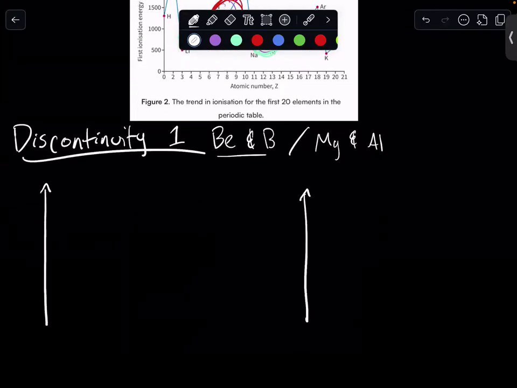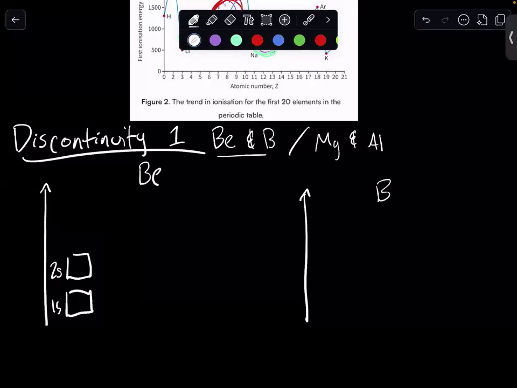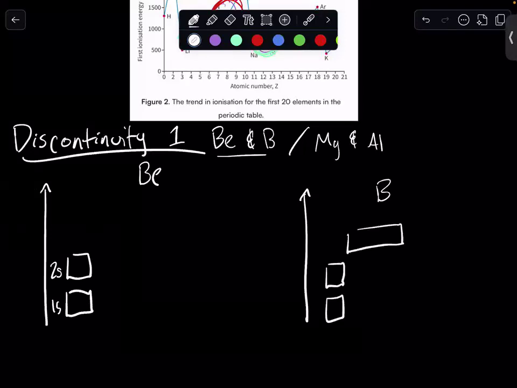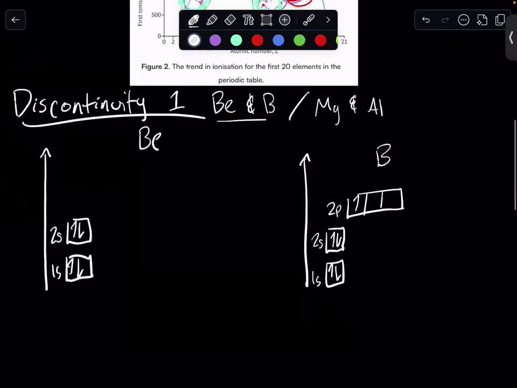So we're going to draw two energy level diagrams with the 1s and 2s orbitals. Now, this is for beryllium, and for boron, we have our 1s, our 2s, but we also have our 2p. Now, these are fully filled s orbitals, but boron has one electron in the first 2p sublevel.